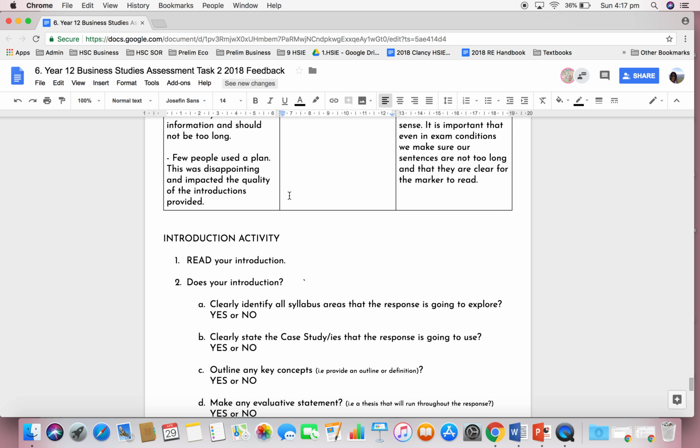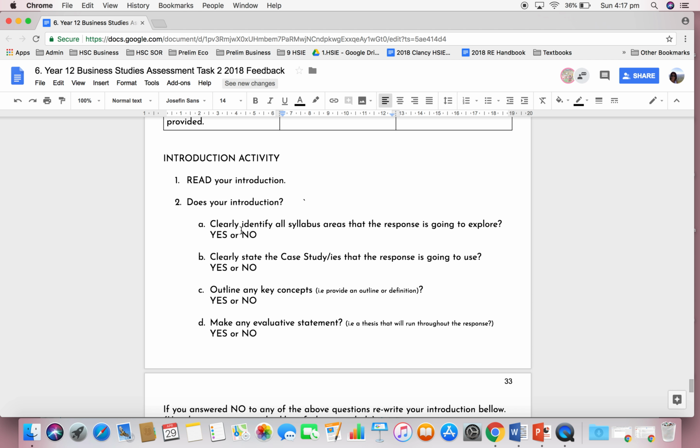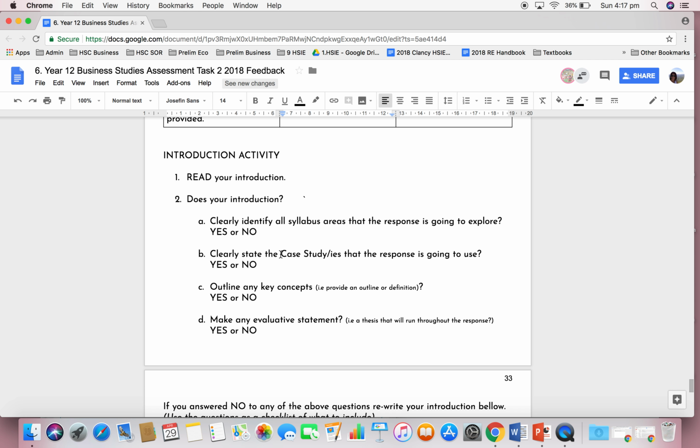So have a look here. You need to reread your introduction, okay? And I need you to answer these questions. Does your introduction clearly identify all syllabus areas? Does it state the syllabus that it's going to explore? Yes or no? Does your introduction clearly state the case study or studies that the response is going to use? Yes or no? For lots of you guys, it's no, and it shouldn't be.